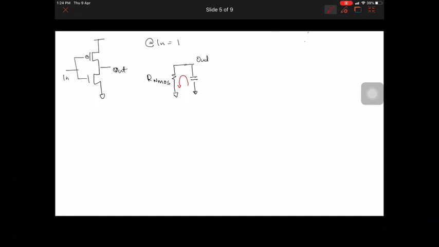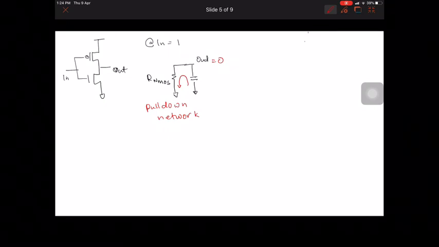So this is known as the pull down network. The output is connected to ground and the current is flowing, and the output is pulled down to ground. So the output will be 0, and this is known as the pull down network.